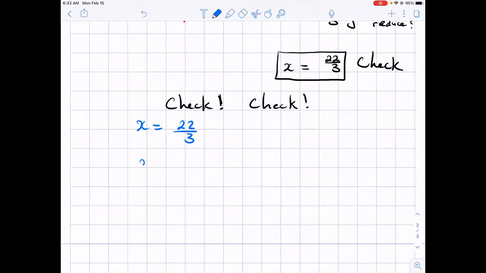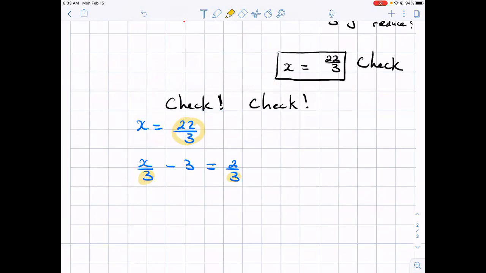Remember, our problem is x over 3 minus 3 equals 2 over 3. So in this case, there is no denominator here to plug in the x. So we can safely say that x equal 22 over 3 is going to work.